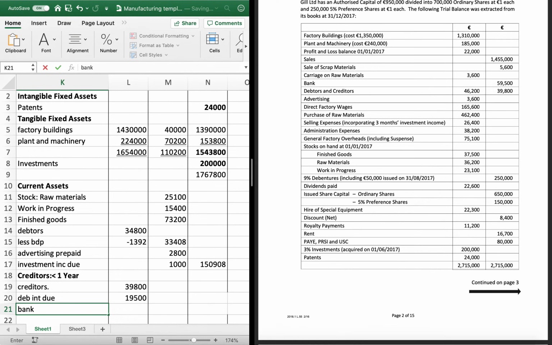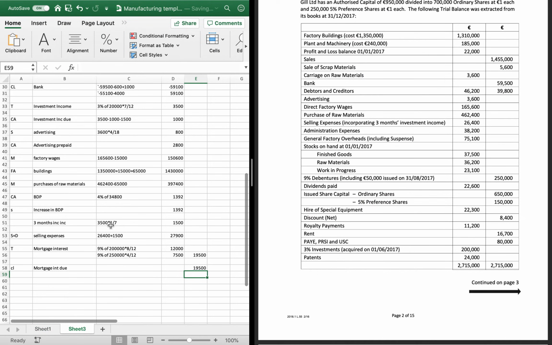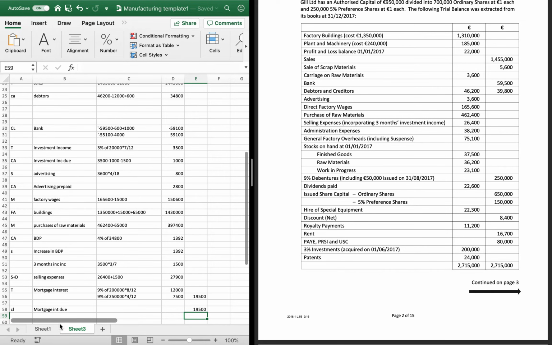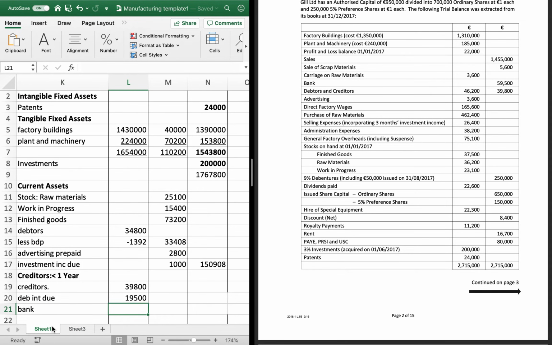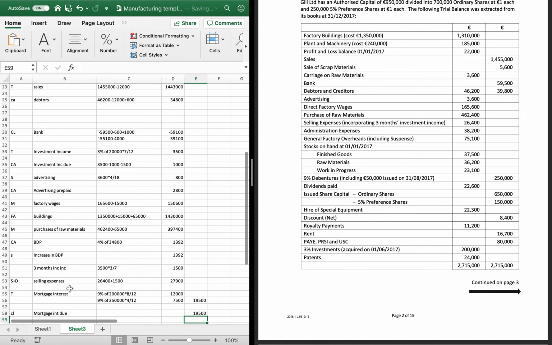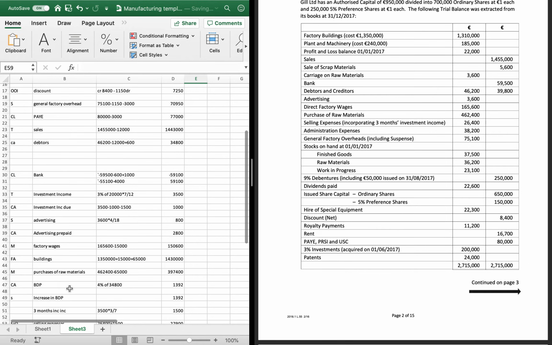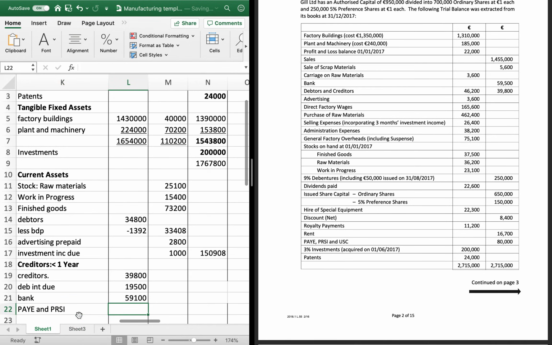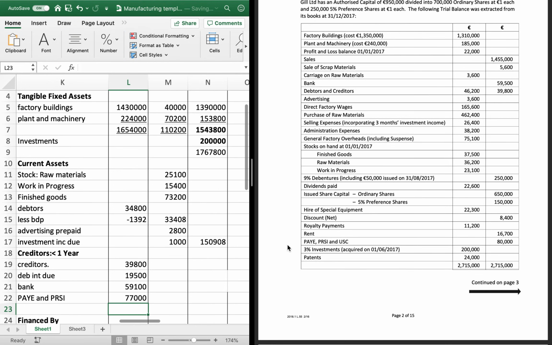We've got our bank, which is 59.1, and our PAYE and PRSI, which changed in the suspense working: 77,000. Now, you may have VAT.